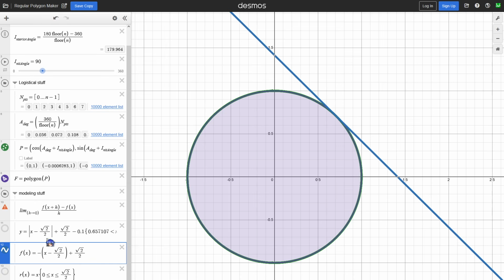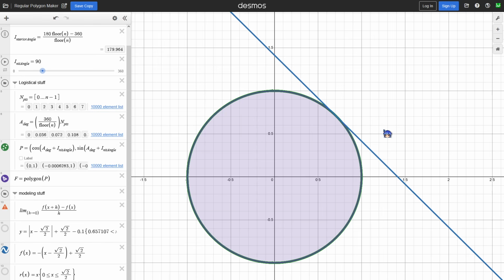We know that at a basic level, the slope of the tangent line of any graph is given by f of x plus h minus f of x over h, and take the limit as h approaches 0.